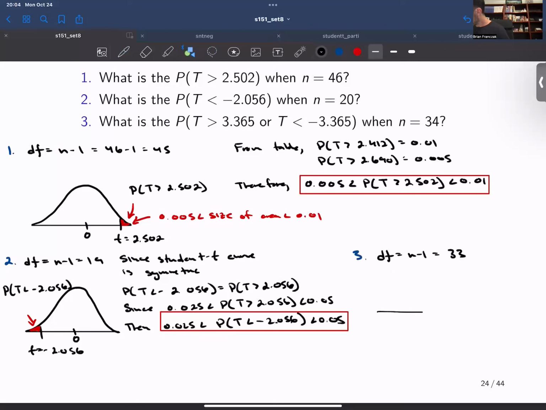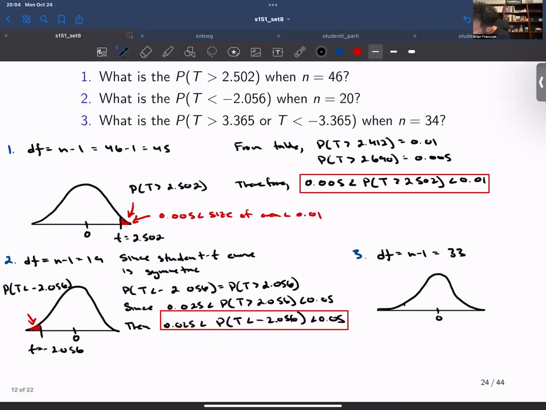I sketch out my student T curve here, which is centered at 0. So now I'm going to mark down both values. In the lower tail, I have negative 3.365, and in the upper tail, I have positive 3.365. And what I want are those two areas there. I want both of those combined.